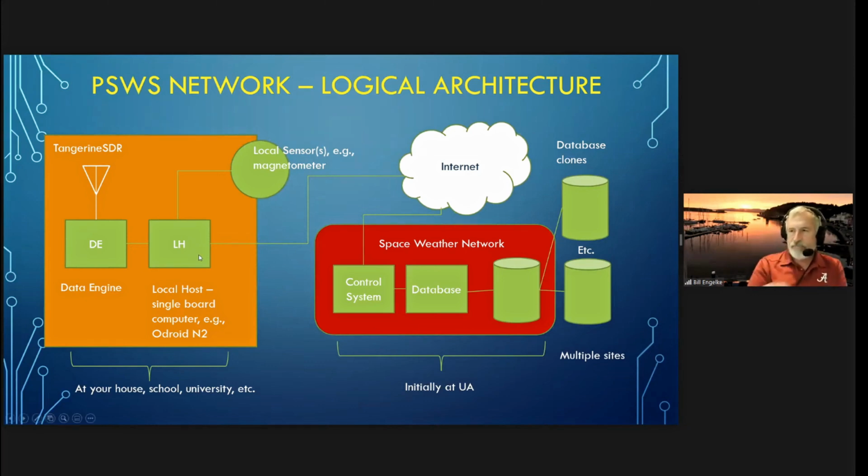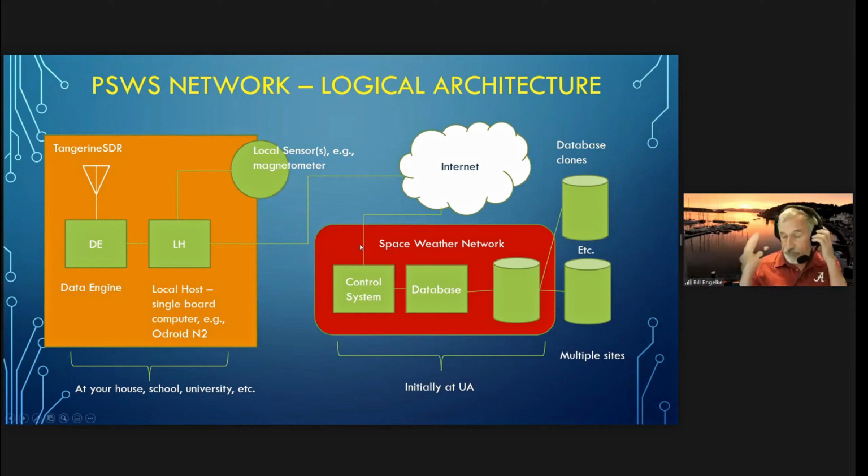That is a single board computer, such as a Raspberry Pi or Odroid N2, something of that type, that's designed to work in tandem with the data engine and used to control it. And then you can hang all kinds of different sensors off the local host, such as the magnetometer and other devices that we've discussed. That collects data, and then an internet connection takes you to the Space Weather Network.